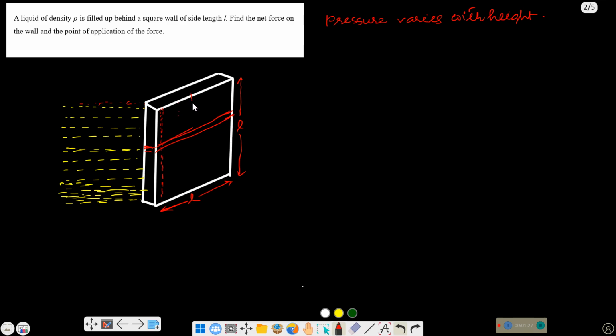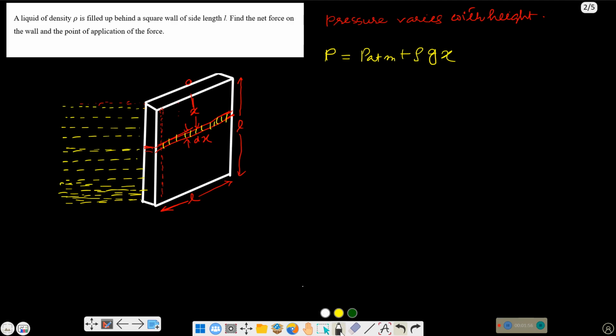So at a distance x from the top of the wall with a thickness of dx, this small strip. Now on this small strip, the force due to this pressure, p will be equal to p atmosphere plus rho g x.